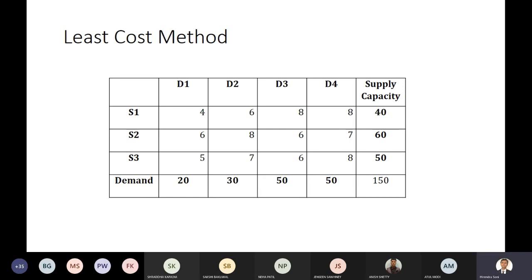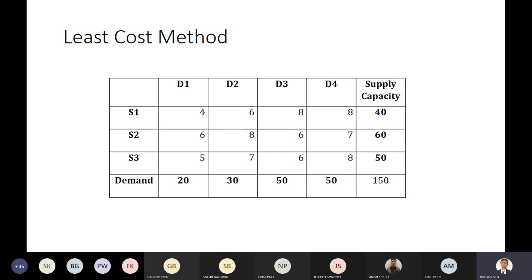What was the focus of the method? Can somebody just revise the method for me? Northwest corner rule method. Now, the first method had a drawback, since it was not looking at the cost.